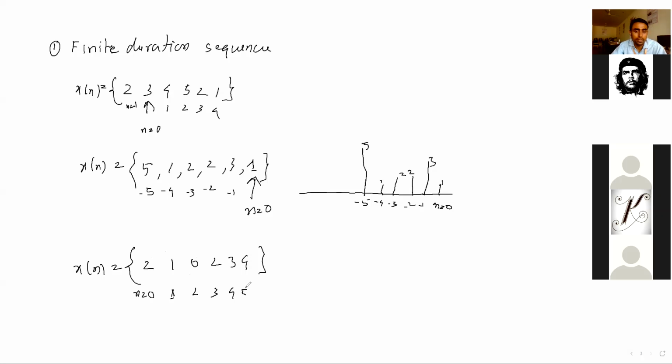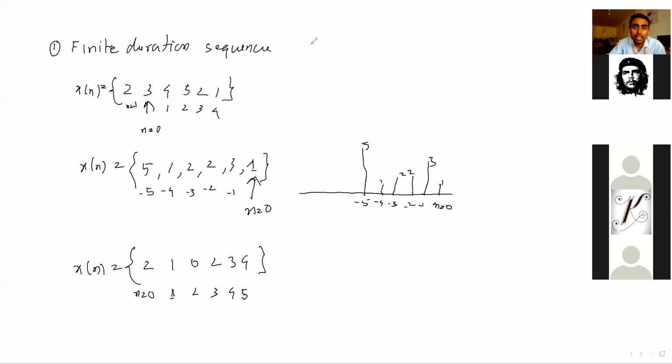These all fall under finite duration. Finite duration means we can count how many samples there are. Here you can say there are 6 samples, or 6 elements, or 6 amplitude values.